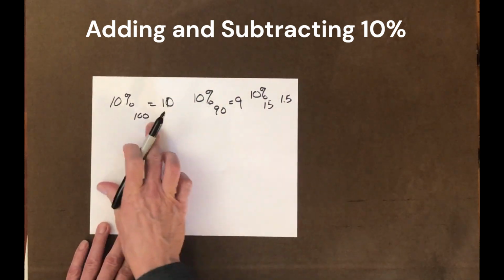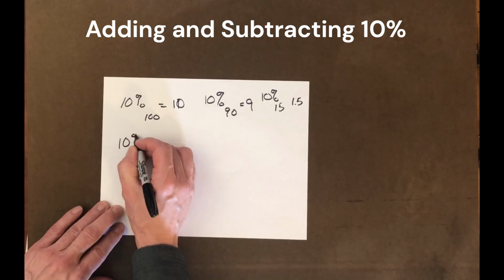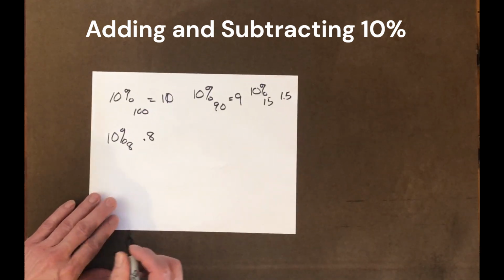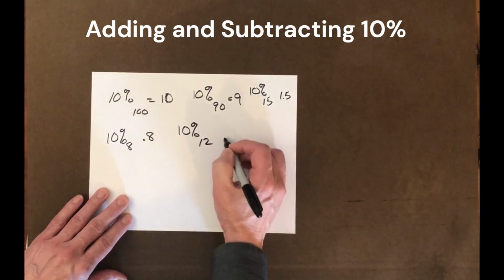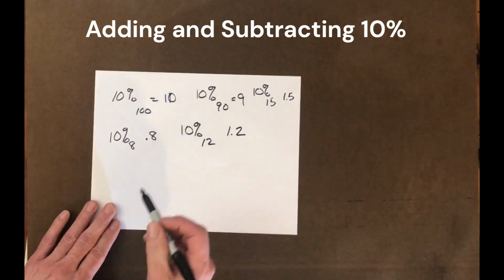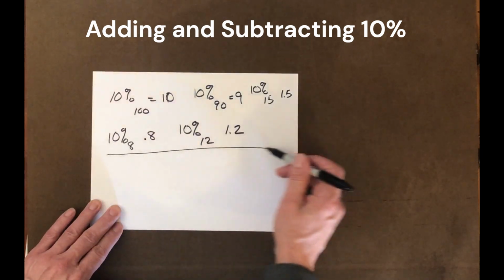We're just moving a decimal over to get to our answer. What is 10% of 8? 0.8. What is 10% of 12? 1.2. Super easy. But what I said is, what we're going to do is add or subtract 10%.